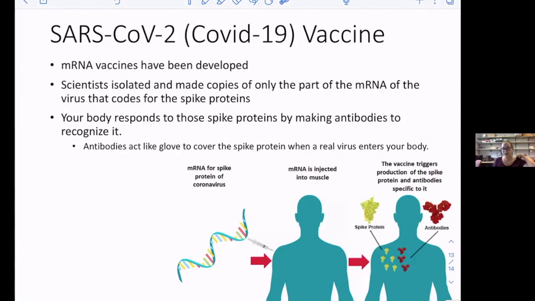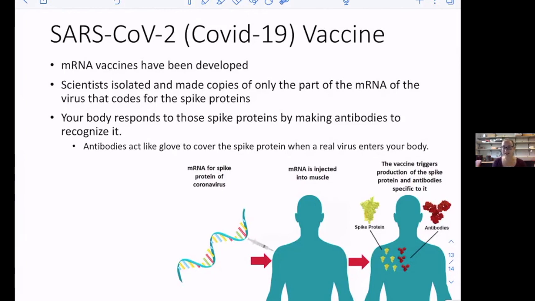Without that, if you do get coronavirus, your body still produces antibodies, but it can only produce them so fast, right? Your body has to recognize, oh, this is an invader, we don't want this, and then go and produce the antibodies. And in order to get them in a high enough concentration, by the time your body makes enough of them, the coronavirus has already replicated and it's kind of out of control.